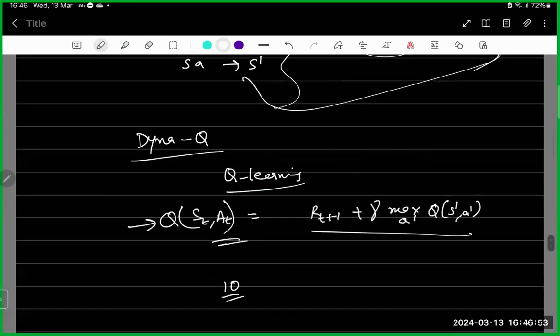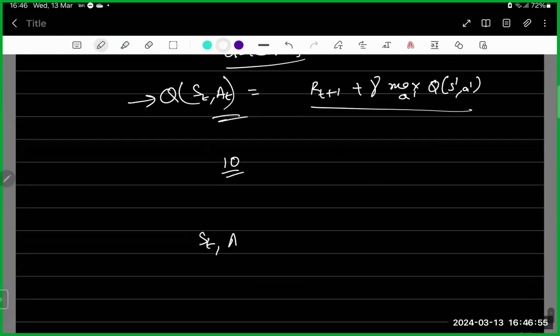So let's say you are in some state ST and you took action AT. If you actually interact with the environment, it will give you RT plus 1 and ST plus 1. But instead of actually interacting with the environment, you use your model estimates to simulate what will be RT and what will be ST plus 1. You can simulate these two, right? Because you have learned what is PSA and RSA.